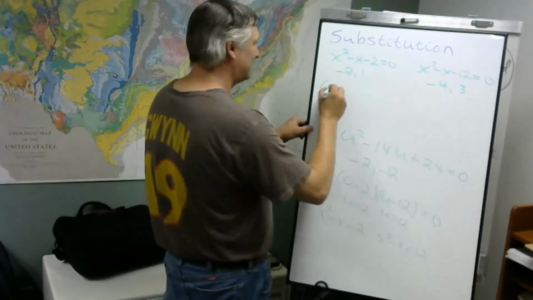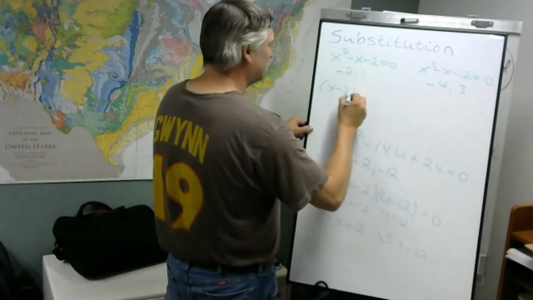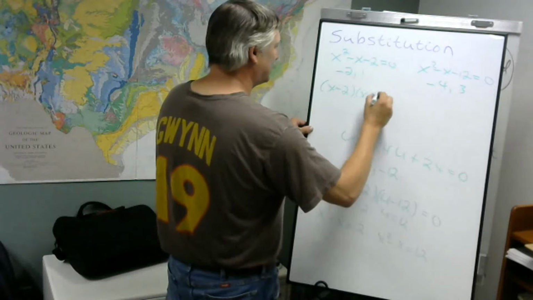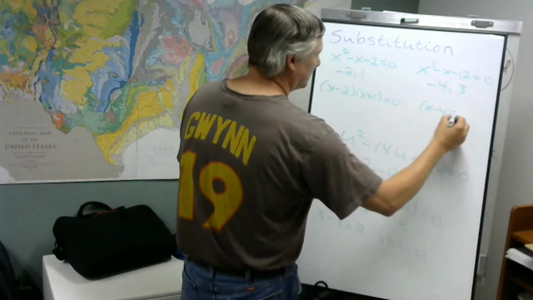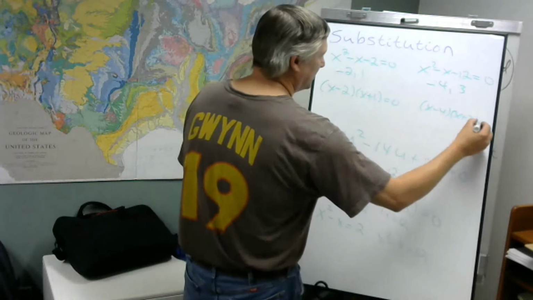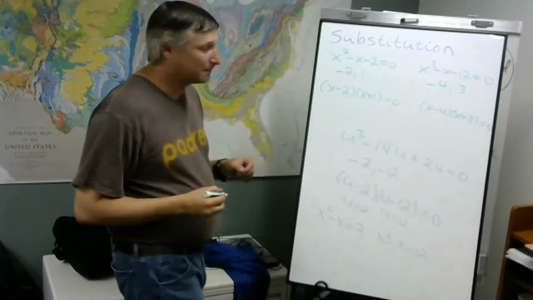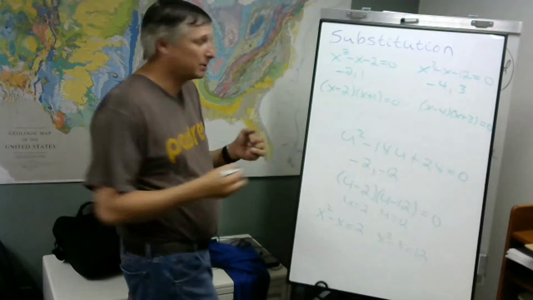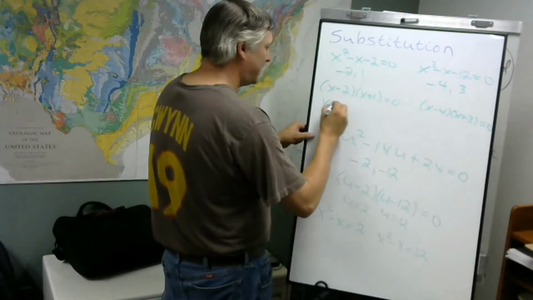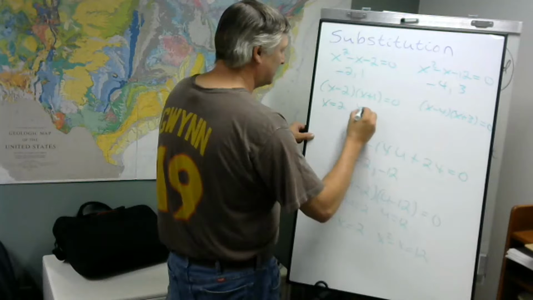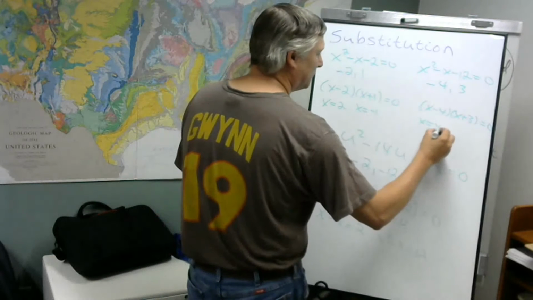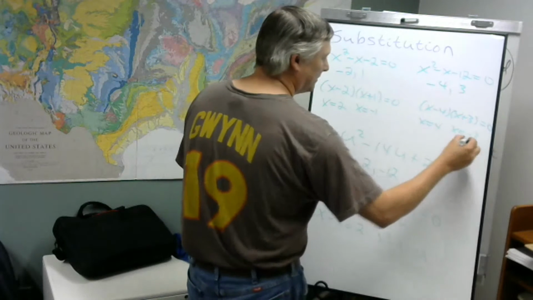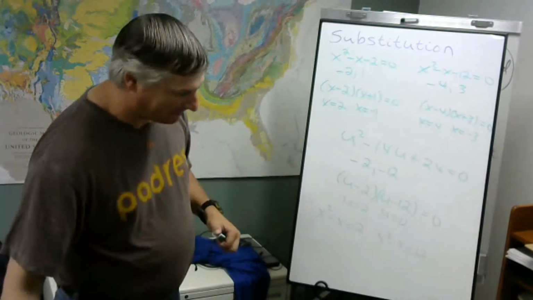So we'll get (x minus 2)(x plus 1) is 0, (x minus 4)(x plus 3) is 0. And again, zero product principle. That must mean x is 2, x is negative 1, x is 4, x is negative 3.